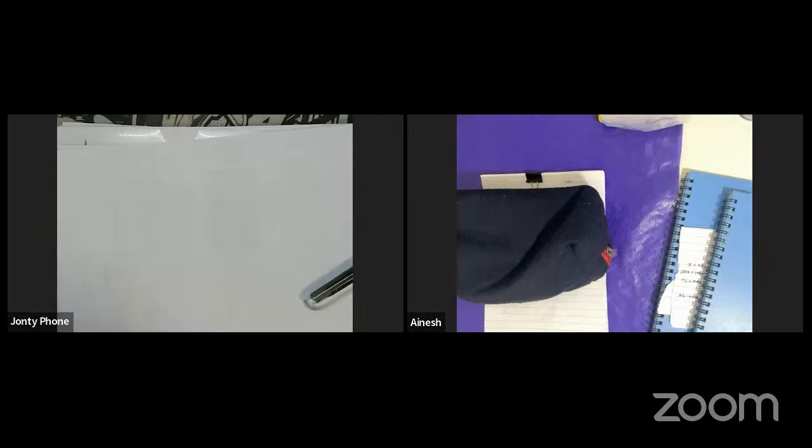Now, Ainesh and John D, how many H? 16 each. Good. Ainesh, do you see that it is 16? If you count the blue, correct. I will now change this 16 into 7 times 2 plus 2 because I would like you to see the pattern.